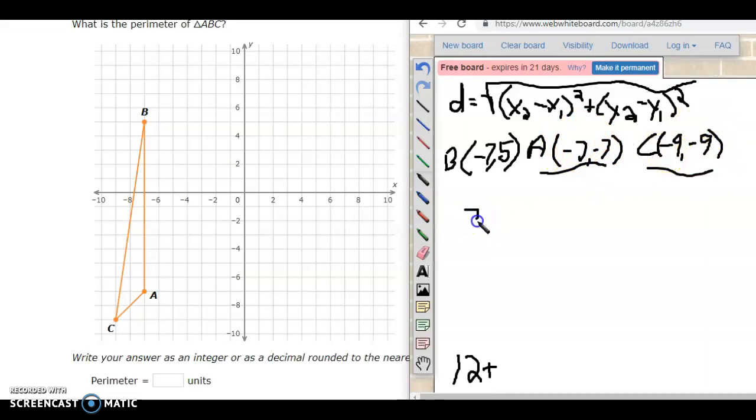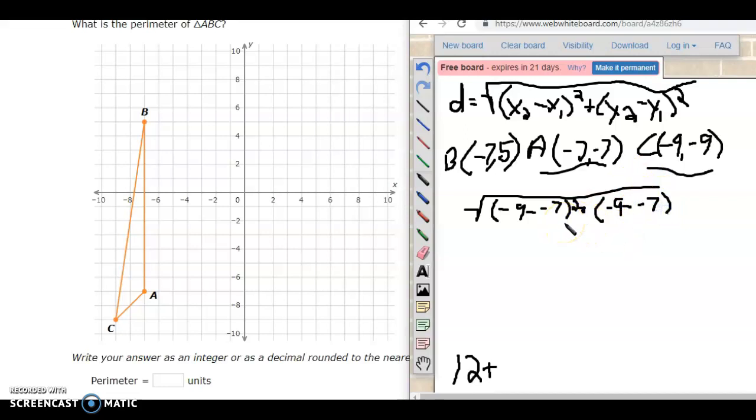So my formula is square root of x2, well these are my second coordinates, so my x2 is -9, minus x1, which is -7, squared, plus y2, which is -9, minus y1, which is -7.